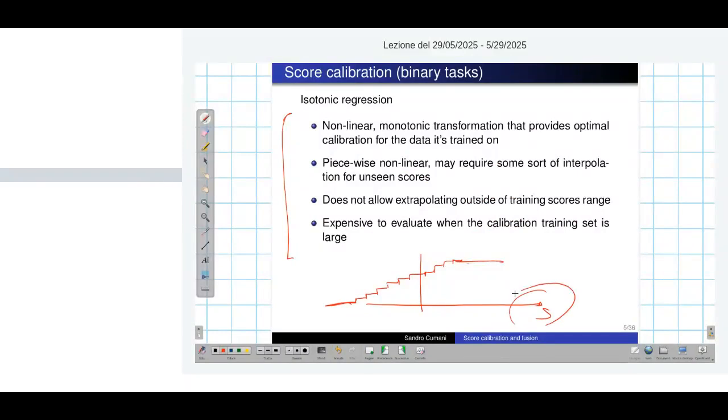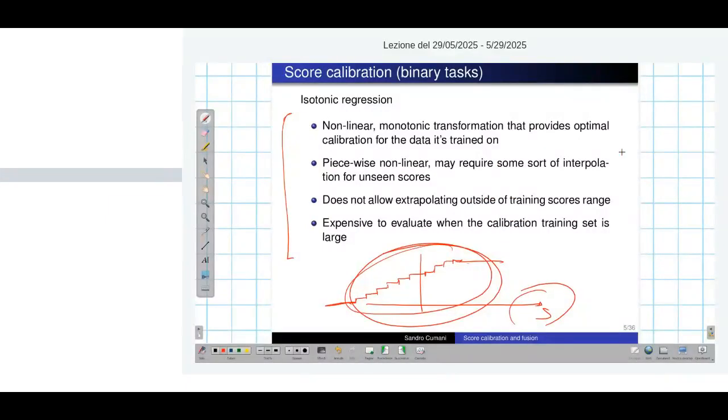You will train it on a validation set that contains different scores, and from these it will compute what is the corresponding class posterior probability that should be associated to that score for the validation set prior. Now this is again trained for a single application, but once we compensate for the empirical prior of the validation set, as we have seen in logistic regression, what we get are models that provide well-calibrated scores.